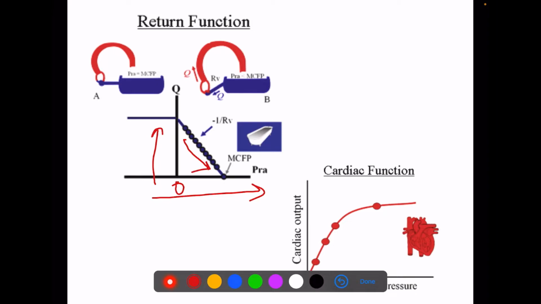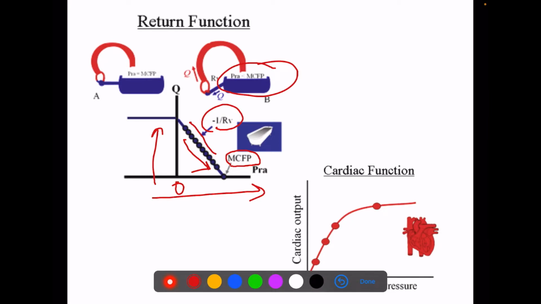Where it meets the baseline is called the mean circulatory filling pressure. This is the pressure in the vessels when the heart comes to a standstill, that is, there is no circulation. This slope is determined by the resistance.